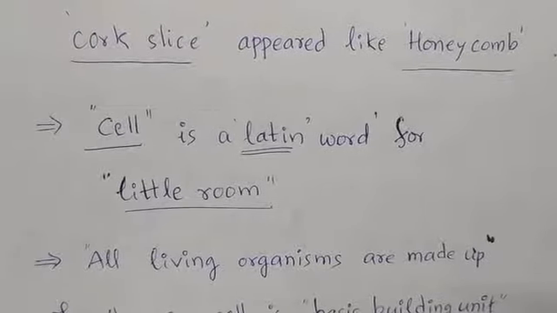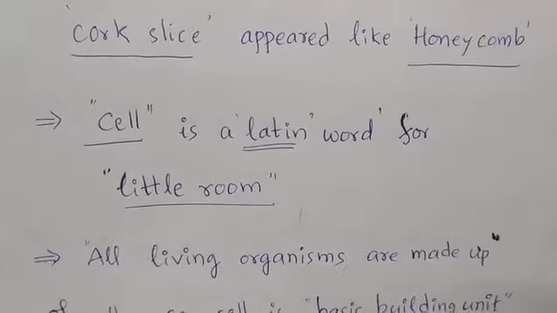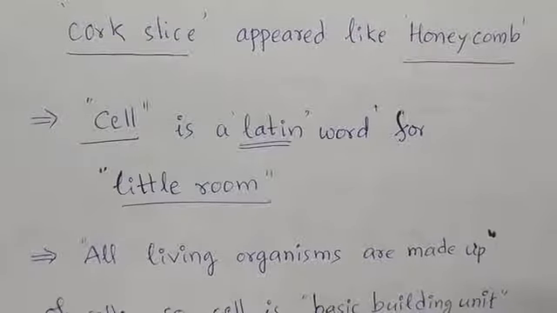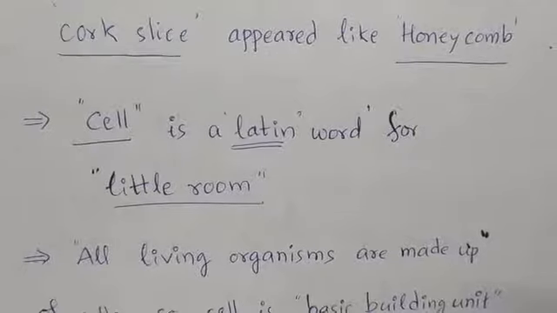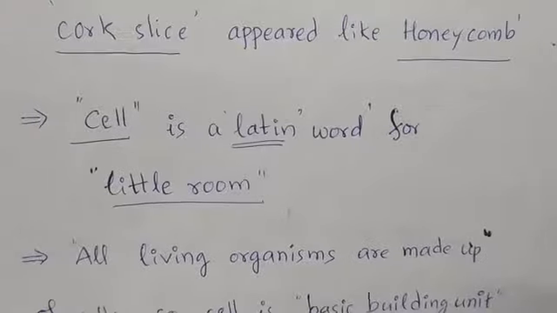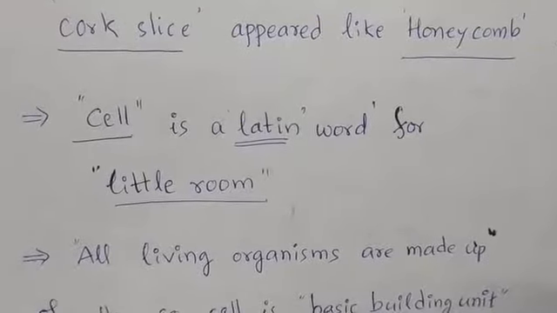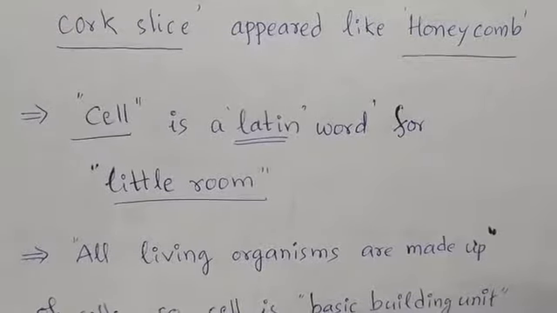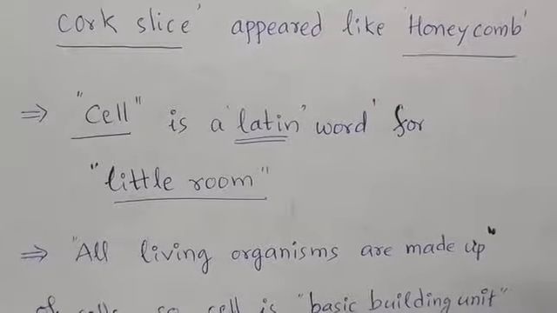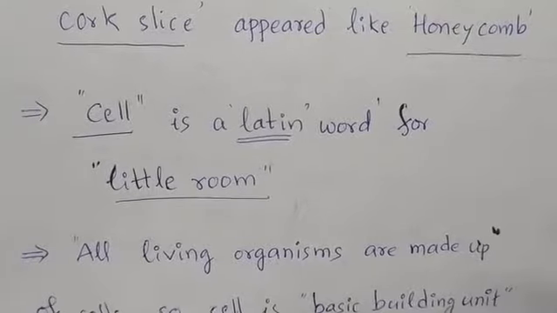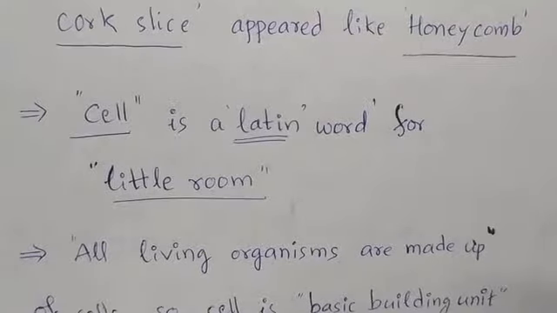So, as he saw small compartments or little rooms like those of a honeycomb, he gave the term cell to that compartment-like structure of the cork slice, because in Latin, the meaning of cell is little room or little compartment.